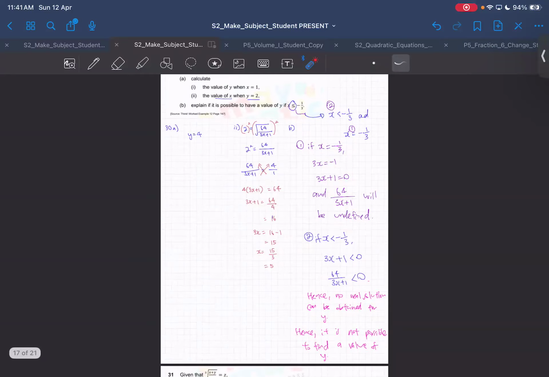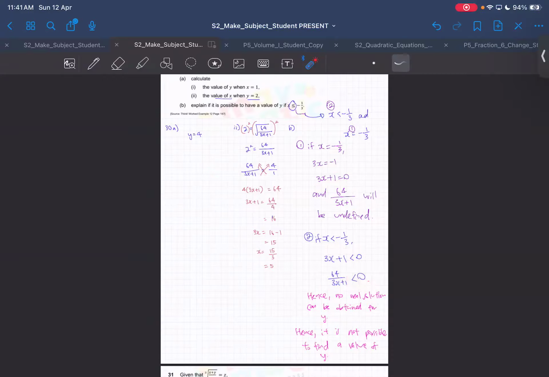Then case 2. If x is less than negative 1/3, then I form the inequality same as this one, just change my sign to less than instead of equal. So if this whole thing is negative, I look at the fraction again. My denominator is negative, 64 is a positive number. Positive divided by negative, I will get negative. So it's less than 0. Less than 0 means negative.